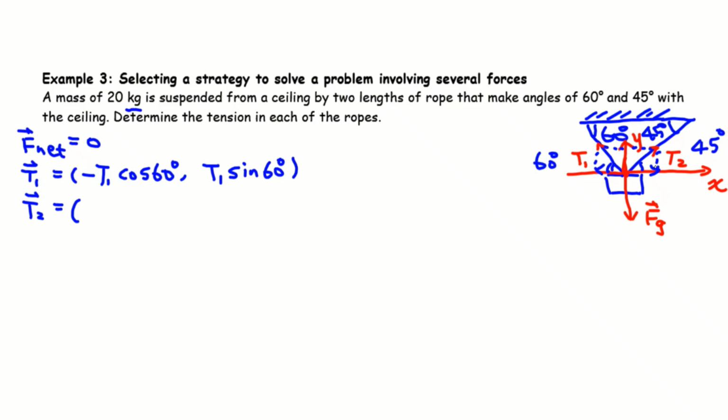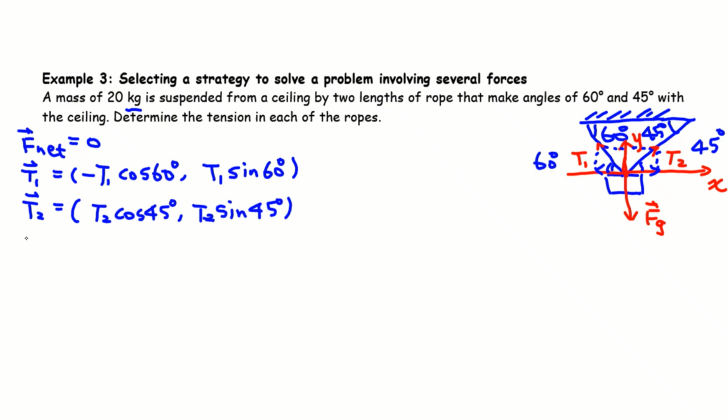So we want to use the angle that is formed with the horizontal. With the horizontal, the x direction component is always adjacent, so we use cosine of that angle. So T2 cosine 45. And for the y direction, it's just sine 45 degrees.